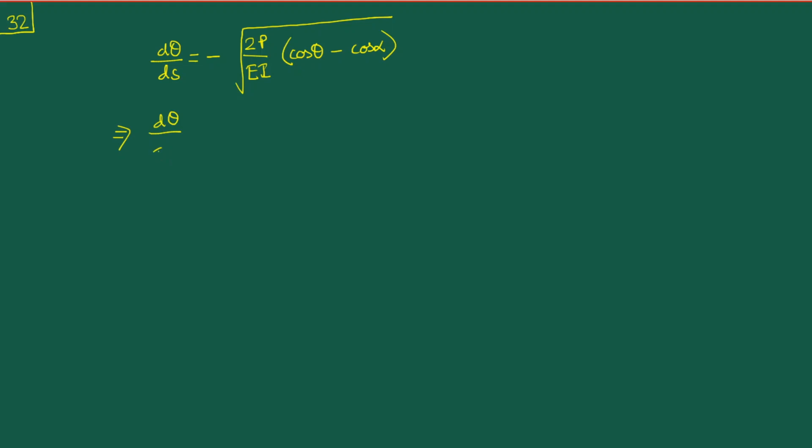So the right hand side is simplified as, we use a bit of trigonometric identity to write cos theta as 1 minus 2 sine square theta by 2, and cos alpha is 1 minus 2 sine square alpha by 2, so that overall what we are going to end up with is this thing.